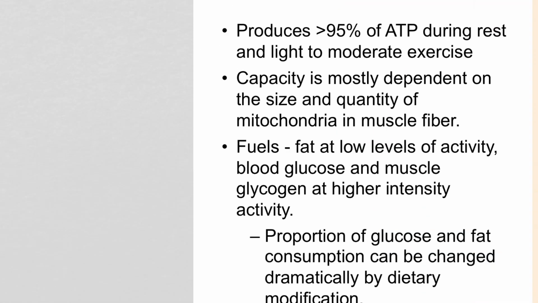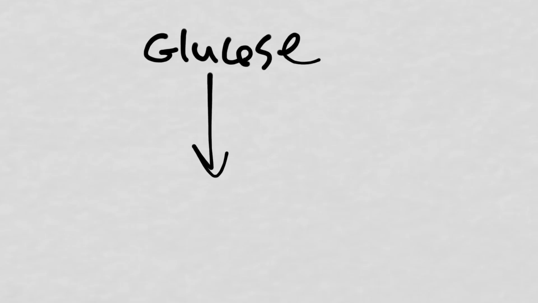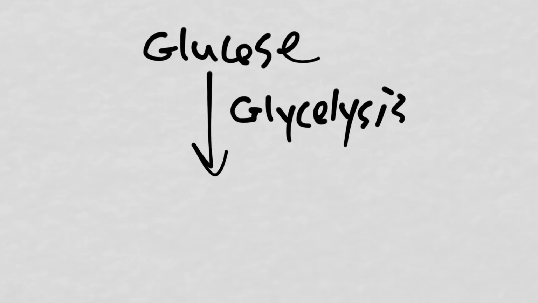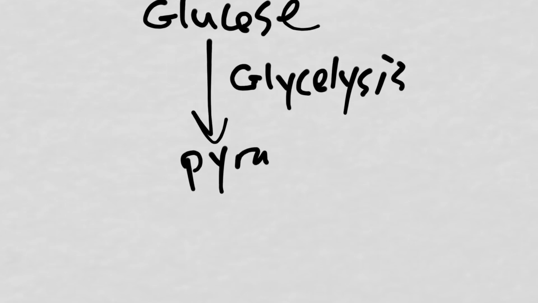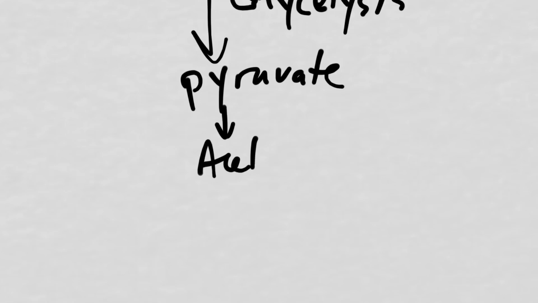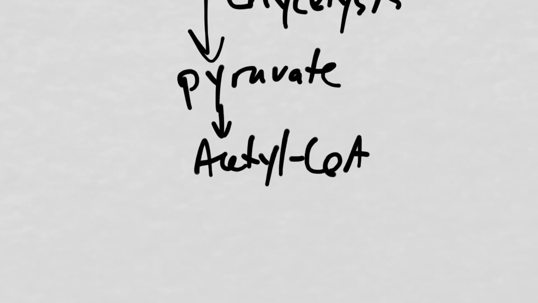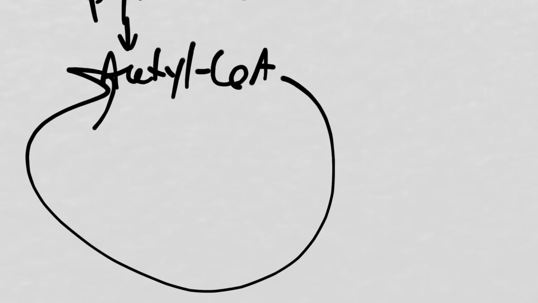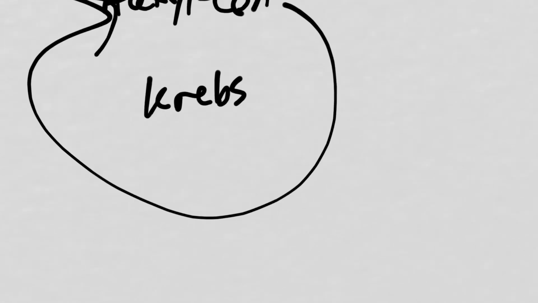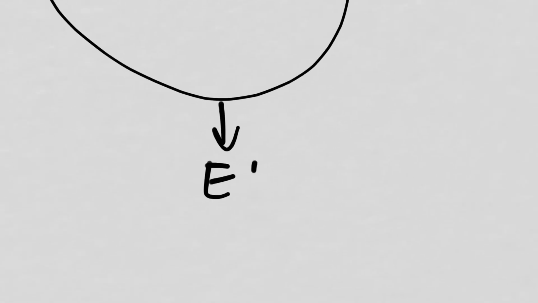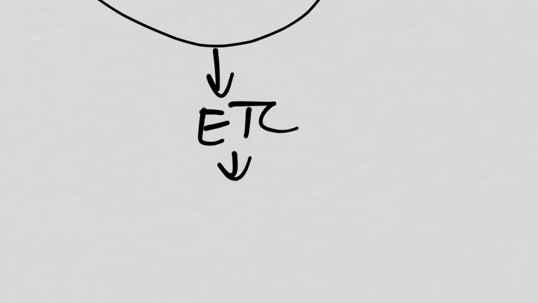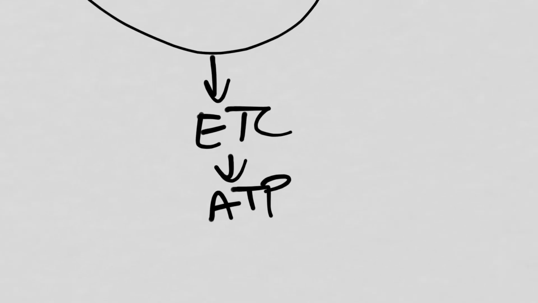And the overview of this that I gave in class, I did a very quick recap of glucose moving through glycolysis, making pyruvate, that going into acetyl-CoA, acetyl-CoA being the starting molecule of the Krebs cycle, the bottom of that coming out to an electron transport chain that produces ATP at the end.